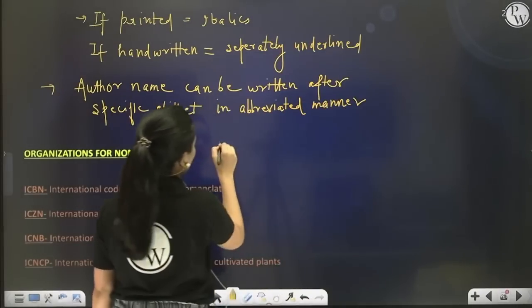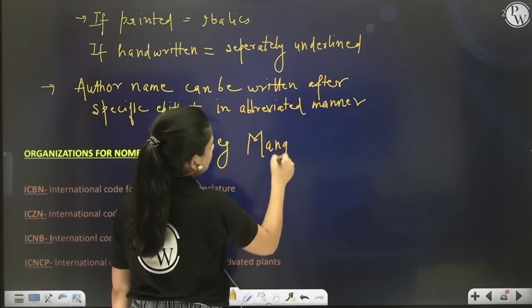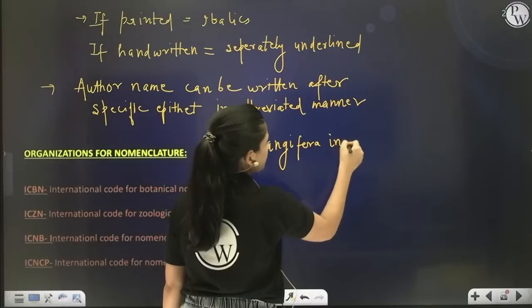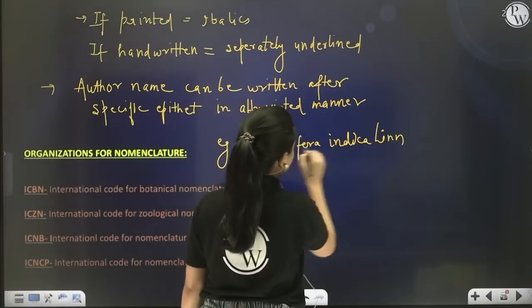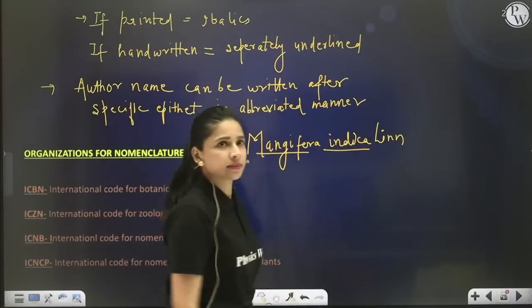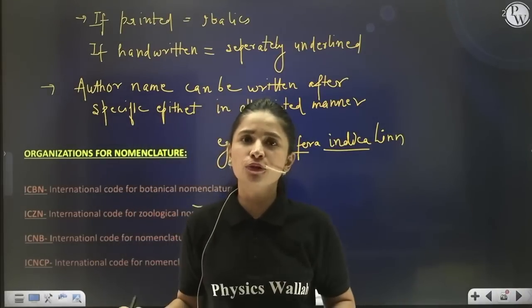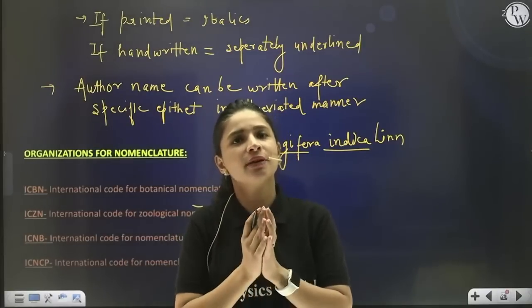Like for example, Mangifera indica Lin. Is this clear to each and every student, what the rules are and how you have to follow them? So this is very, very important.